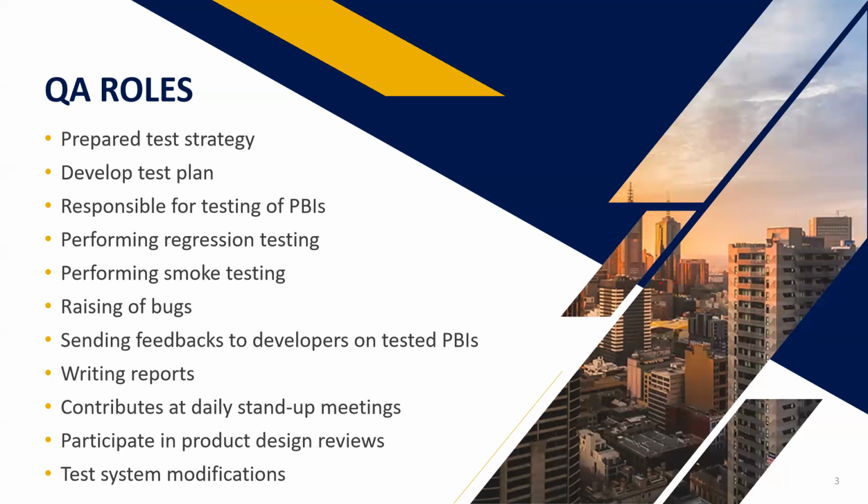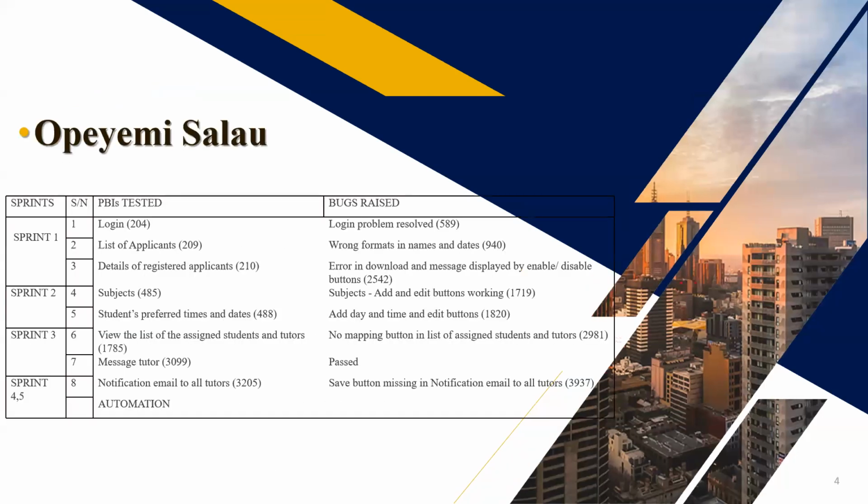On individual cases now, these are the things I did during my own internship. In tabular form, you can see sprint by sprint. By seeing this, any other person will be able to see clearly that, okay, these are the things that you did. And if you want to look further, you can put more details ahead as I did in this one.